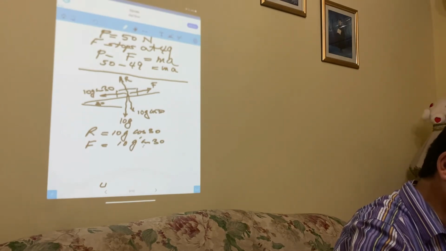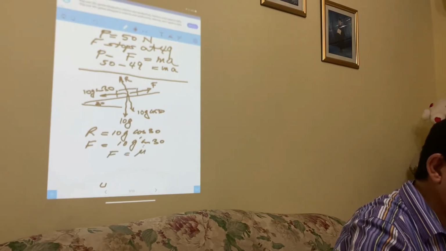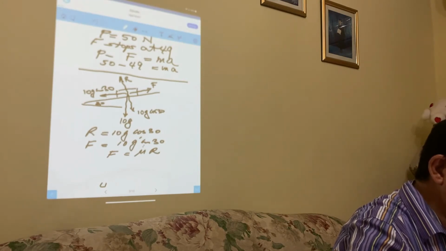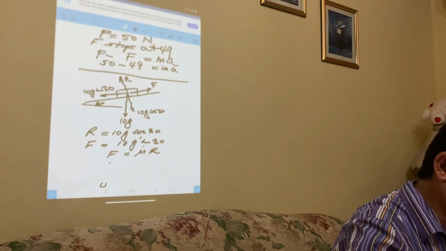If a body is in limiting equilibrium, then F equals mu R. From there, we can get the value of mu. We have F and we have R, so we can find mu.